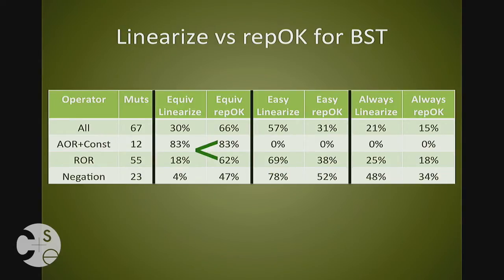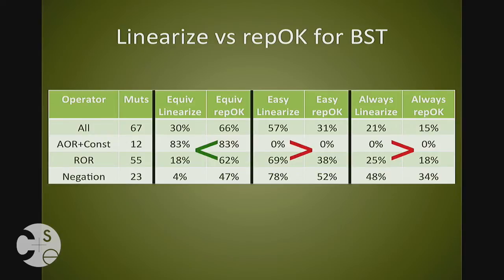My analogy is usually my eyesight because I don't have very good eyesight, so if I see 2 things in the distance, they kind of look the same. And people with better eyesight might be able to spot the small differences between them and therefore will have less equivalent mutants. And these two, the easy and the always cases are of course related basically, so they both have the same characteristic.